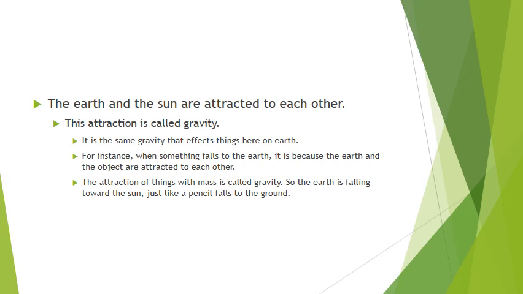That's because the attraction between them is very, very weak. But if they were very, very large, like two planets, you would see them pulling towards each other. So the attraction is dependent on how massive they are.